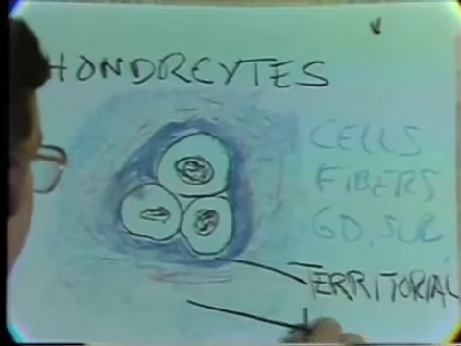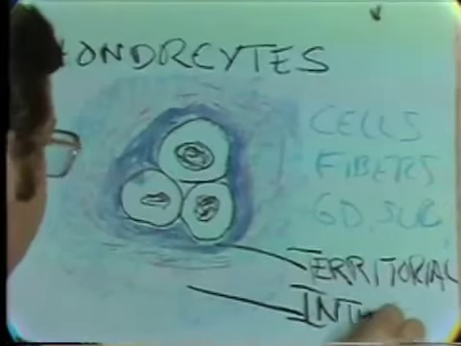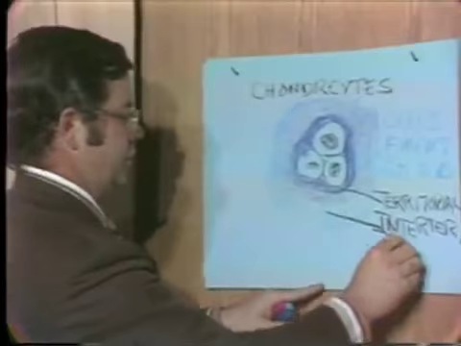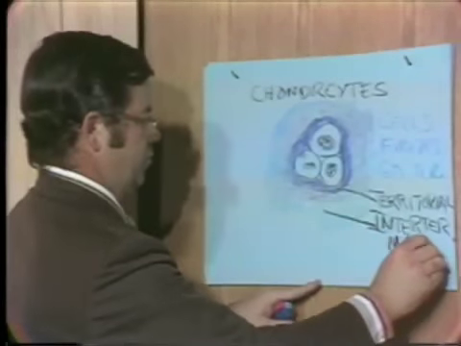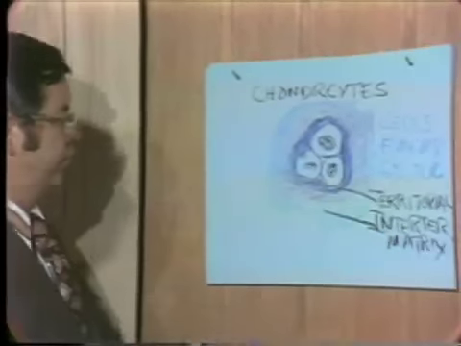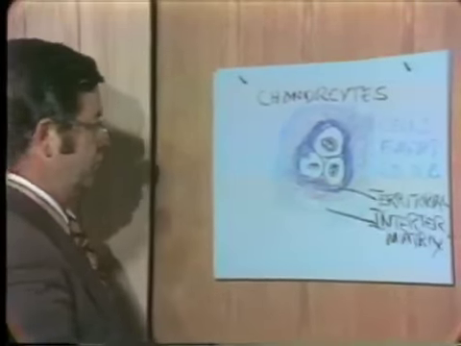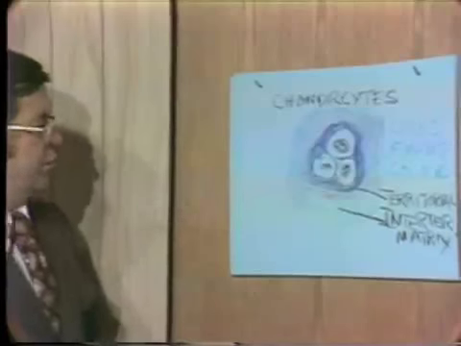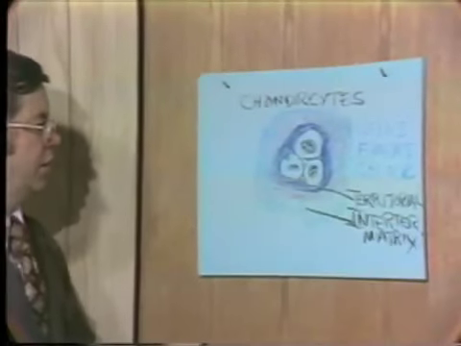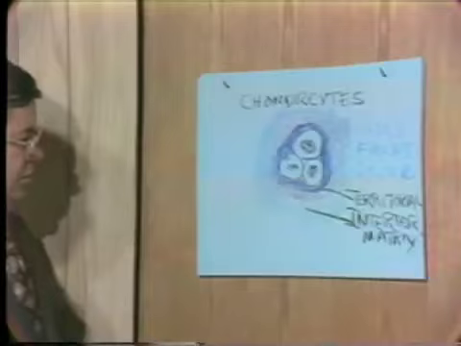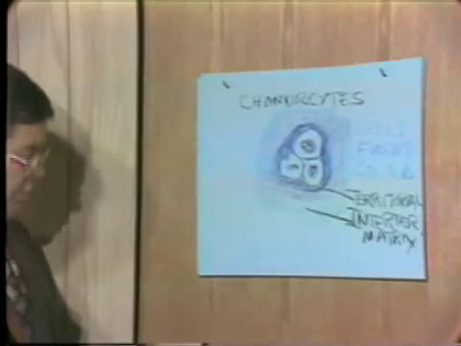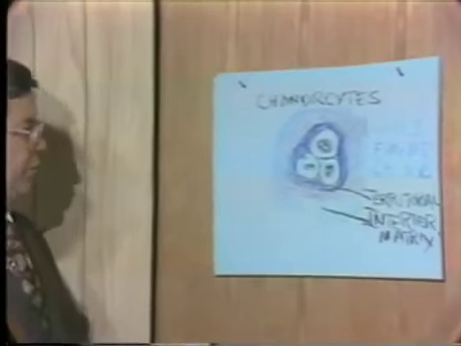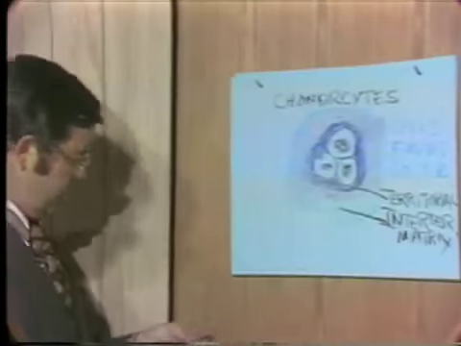And that in between groups is interterritorial. That's matrix. So we've got groups of chondrocytes surrounded by fibers and ground substance. The ground substance is, of course, mucopolysaccharide, and in cartilage, it's very concentrated, and it masks the fibers that are in the connective tissue around here.